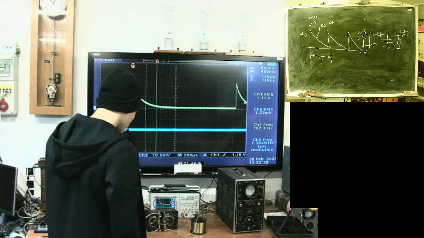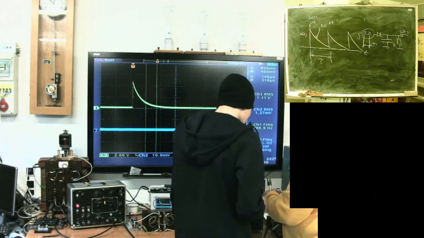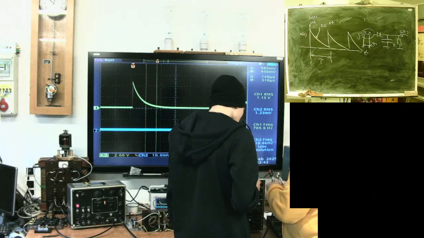Where is the second, which is ground, which is hot? I think like this.